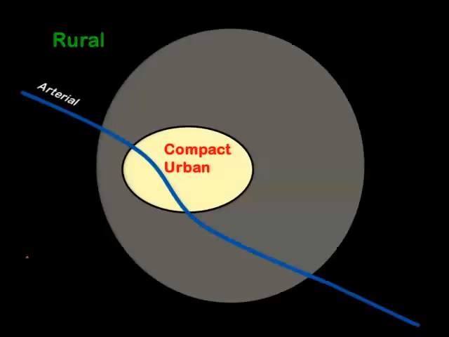Let's take a look at what that looks like in a hypothetical map. From the rural, you have an arterial that runs through, and out here on the arterial, you could be doing 60 miles an hour or more. This is a two-lane.